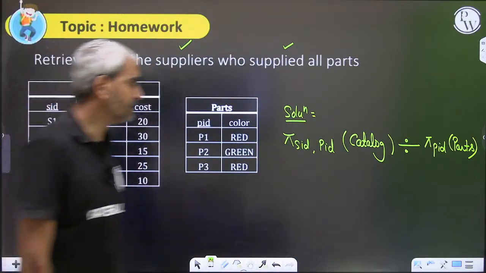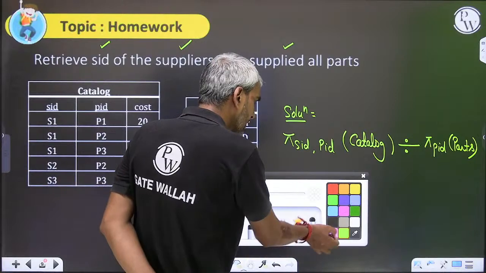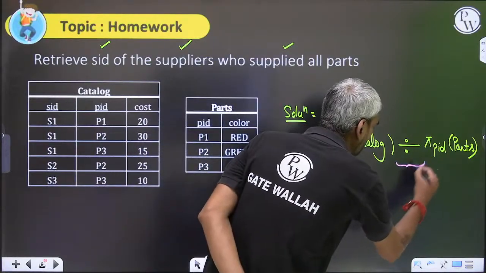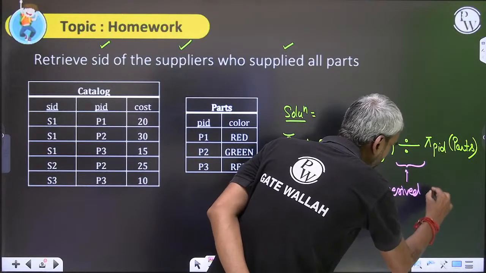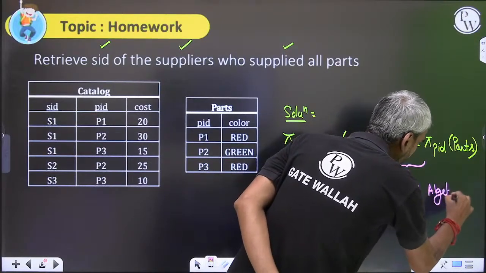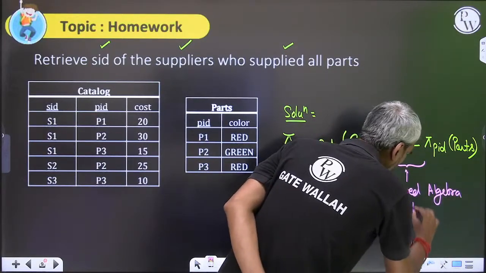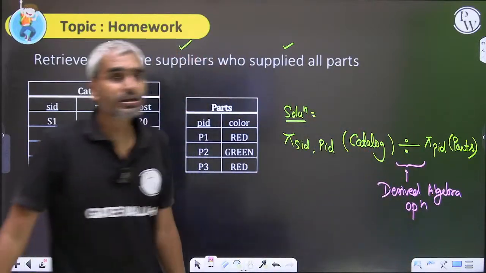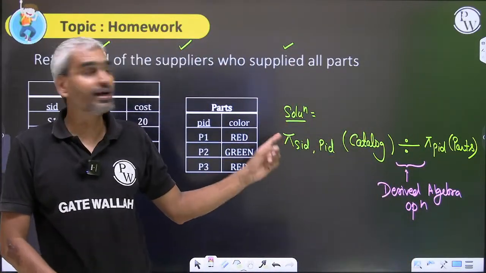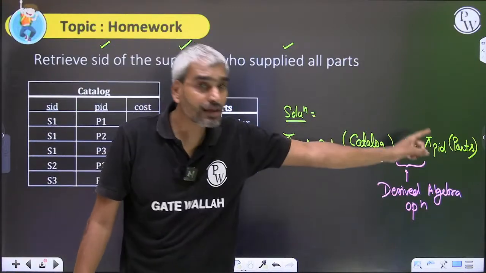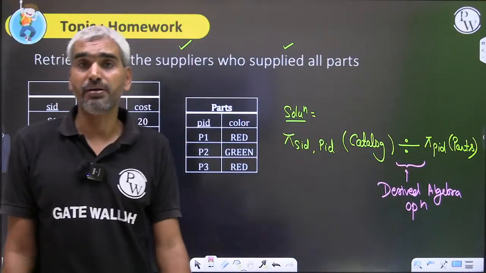But please note, this is a derived relational algebra operation. We need to understand how exactly this division operation will produce the SIDs of the suppliers which are associated with all the PIDs of the part table.